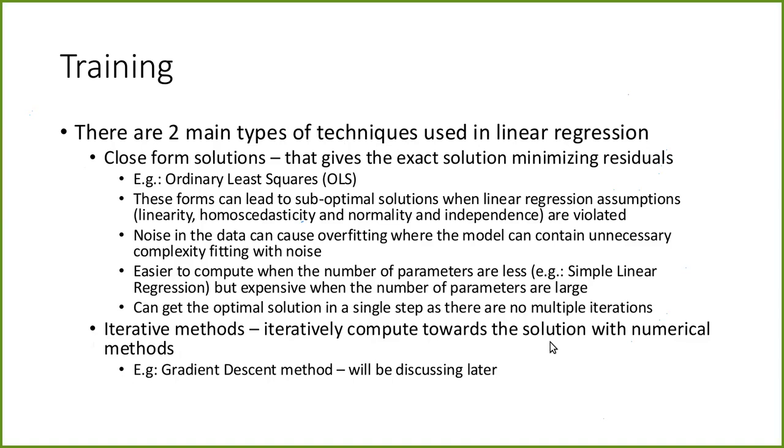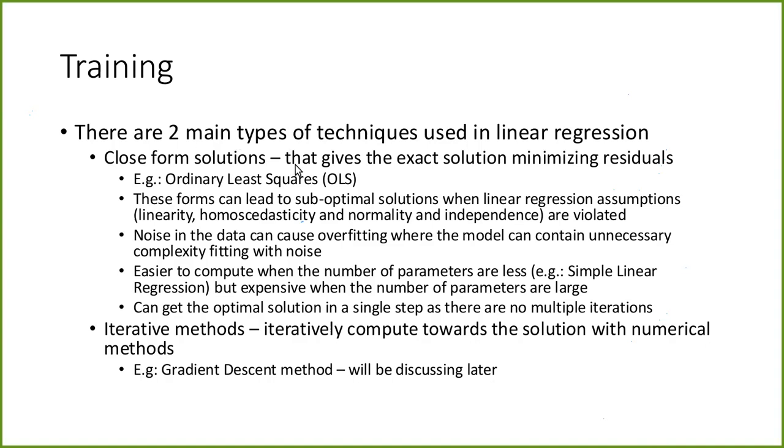So this is a numerical technique, right? It would actually not exactly go to the solution, but it would go near the solution. One widely used technique is known as gradient descent. We will not discuss this technique in this lesson, because we will be discussing it in a later lesson, right? And the other technique is known as the closed form solution.